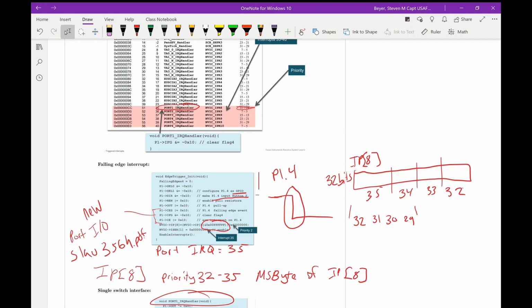We set this half byte or nibble to a 4, let me just double check that. So we're setting this whole byte to a 4, which is 1, 0. But if we look at 31 through 29, that's going to be a 2.